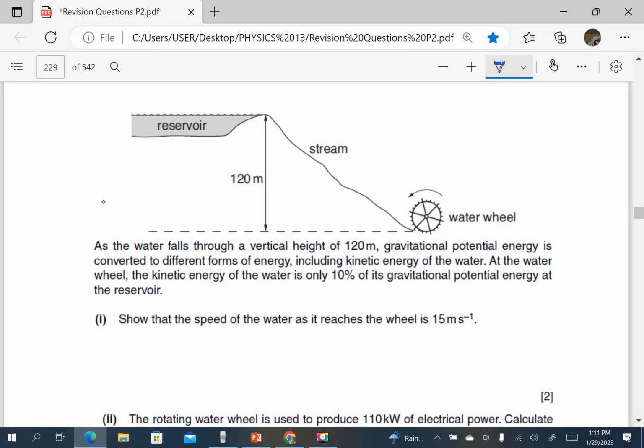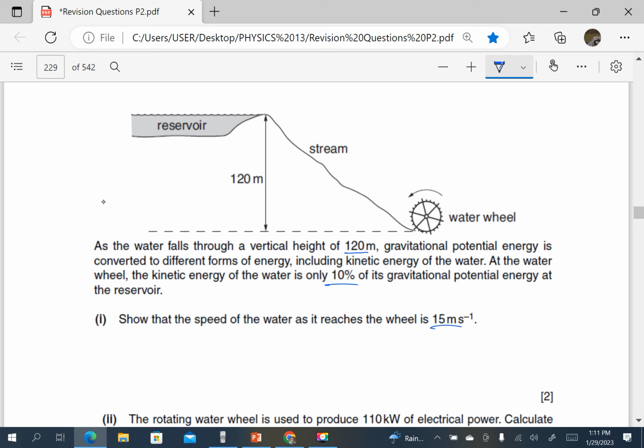As the water falls through a vertical height of 120 meters, gravitational potential energy is converted to different forms of energy, including kinetic energy of the water. At the water wheel, the kinetic energy of the water is only 10% of its gravitational potential energy. That means only 10% of the gravitational potential energy is converted to kinetic energy. Show that the speed of the water as it reaches the wheel is 15 meters per second.